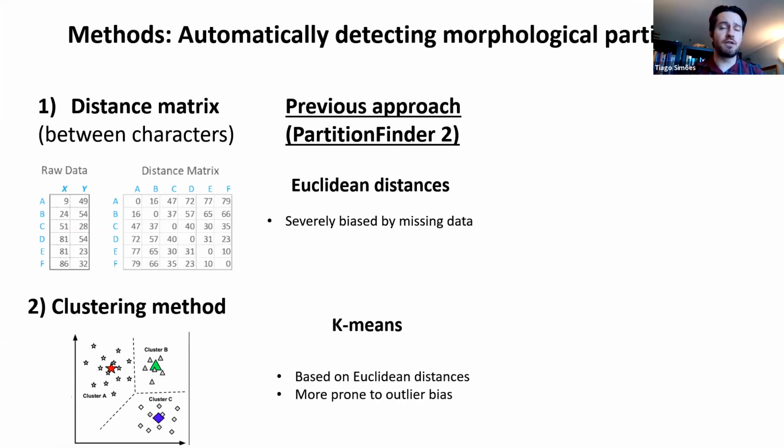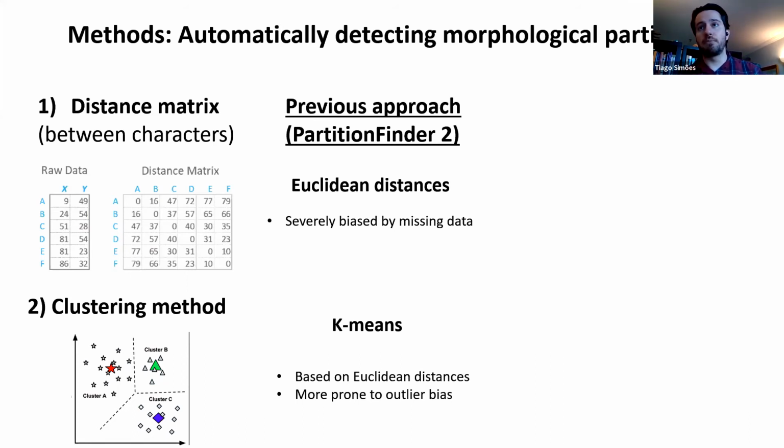Using such distances, we can use a clustering algorithm such as k-means to assess which regions cluster together. However, it suffers from some limitations, such as the fact that Euclidean distances are well known to be severely impacted by missing data. Whenever you have a data set full of fossils like this one, that's a huge problem. And k-means is particularly susceptible to outlier biases.